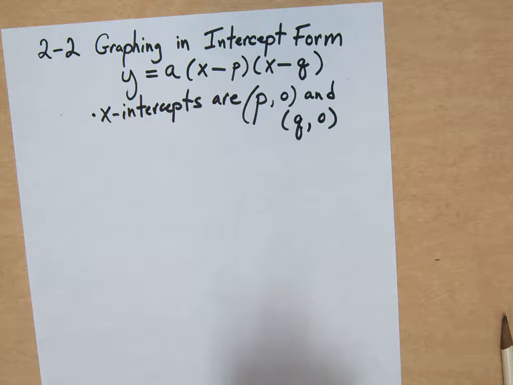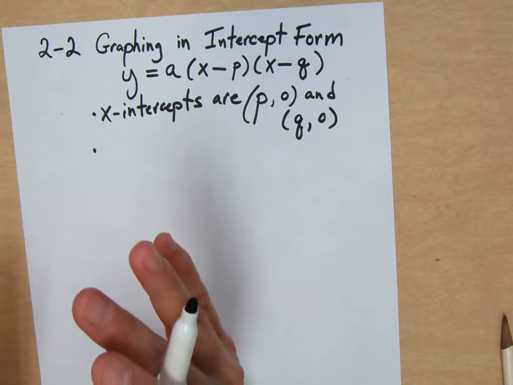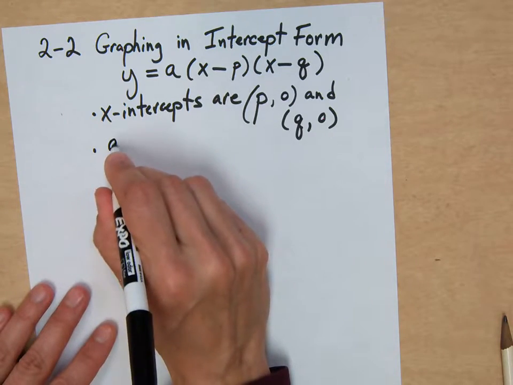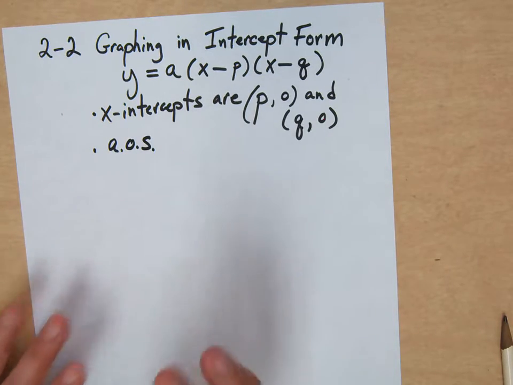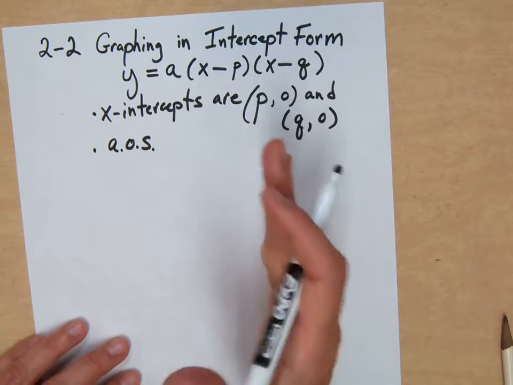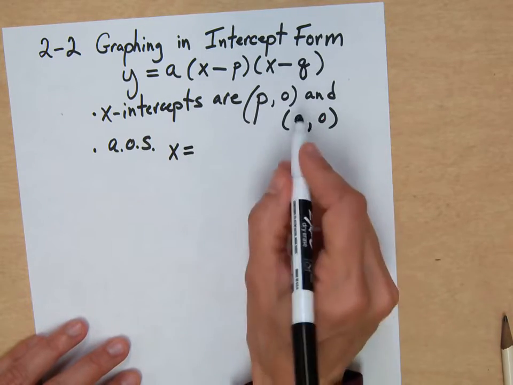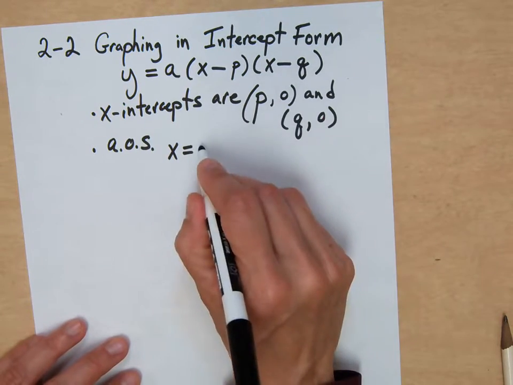And if you know those, you can easily figure out the rest without doing too much, because the axis of symmetry is right in the middle of the x-intercepts. That's something you might not have realized: no matter what, the vertex is centered in the middle of the two x-intercepts. So the axis of symmetry, the x-coordinate, is in the middle. How do you take the average of two numbers?